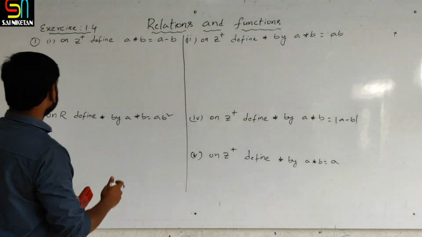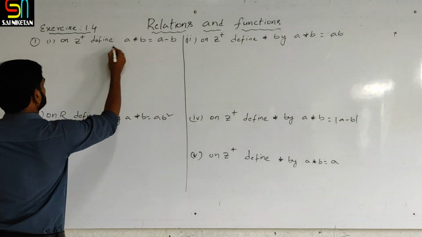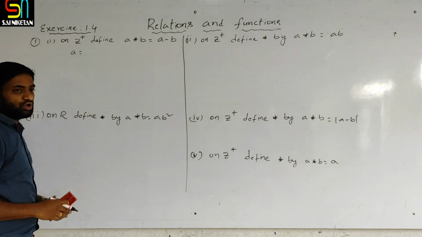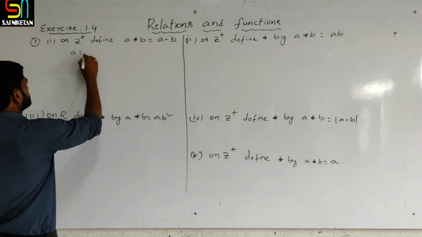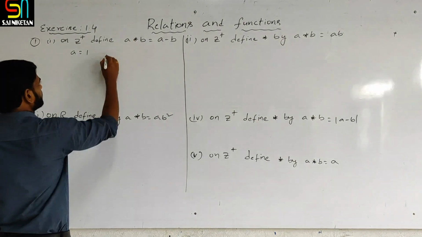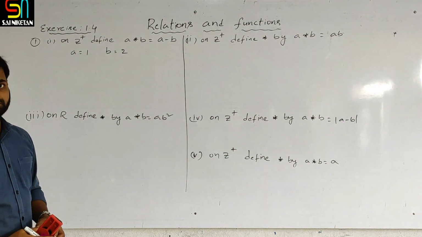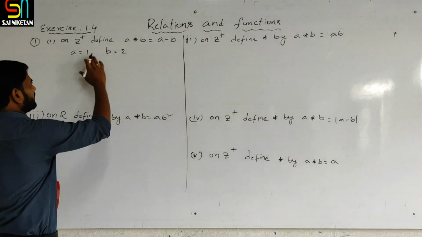That means, see, here A value I am taking from Z plus, meaning positive integers. A value 1, B value I am taking, suppose, 2. Now apply the operation here.